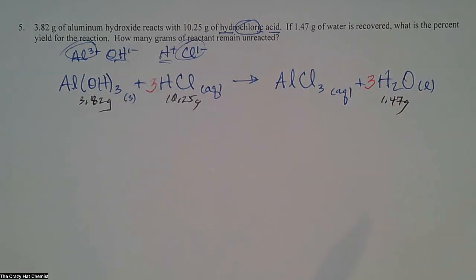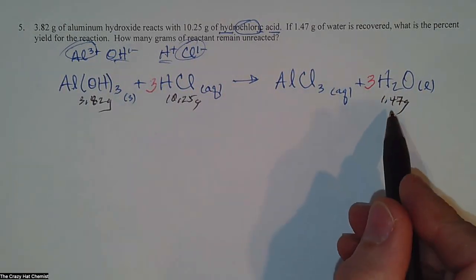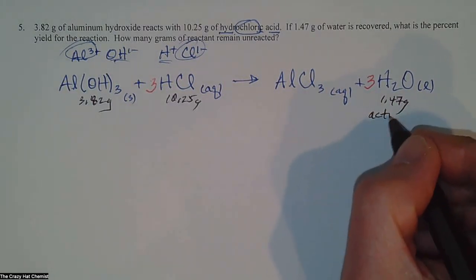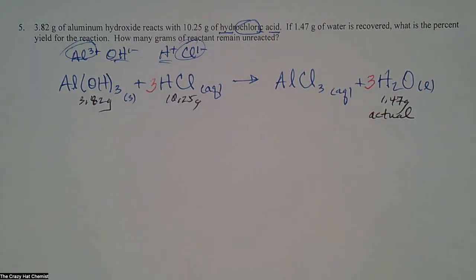Why? Because I want a percent yield. This value right here is the actual or the given value in my percent yield. I need to calculate the theoretical value in my percent yield, okay? All right, so let's get moving on the stoichiometry portion of this problem and see if we can knock this here out of the park.